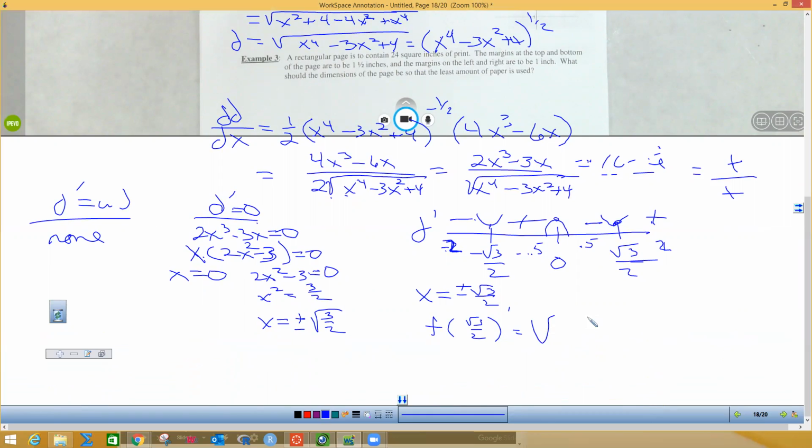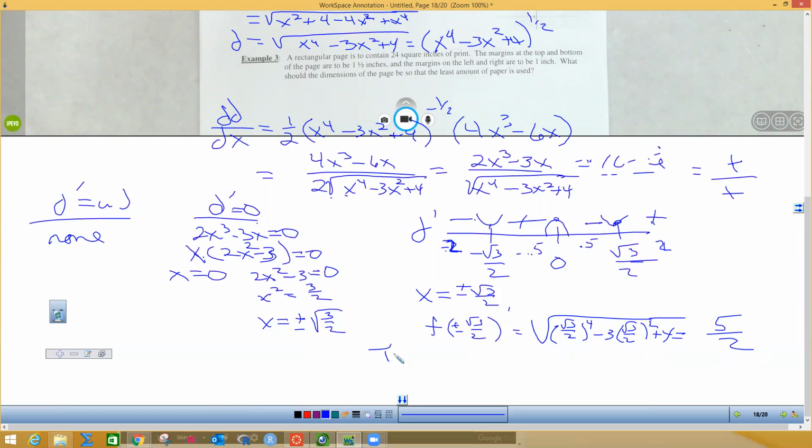So this is going to be the square root of radical 3 over 2 to the 4th minus 3 times radical 3 over 2 to the 2nd plus 4. Now something I want to show you is if you take a positive or negative radical 3 over 2 to the 4th and to another even power, then both of these are going to come out the exact same. So when I simplify all that mess, this in here comes out to be 5 over 2.